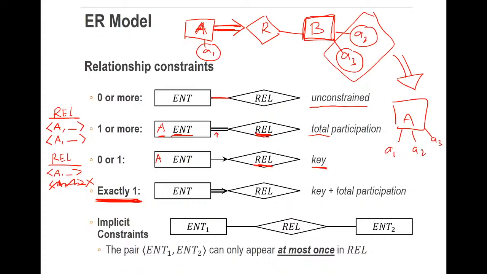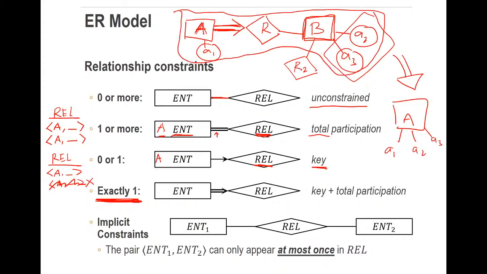Well, sometimes it is more useful to do this because for all we know, B can also be related to other entity sets using another relationship set. So we cannot just look at this particular ER diagram in isolation. We have to look at it in a general view.